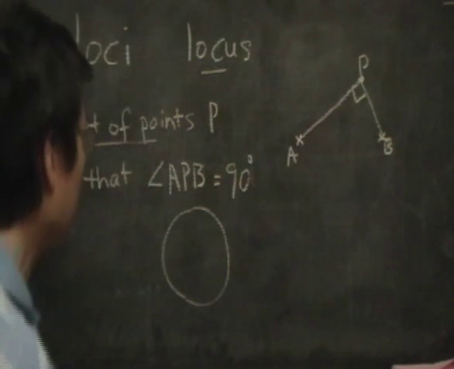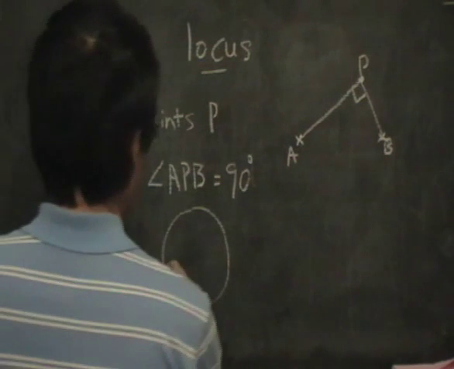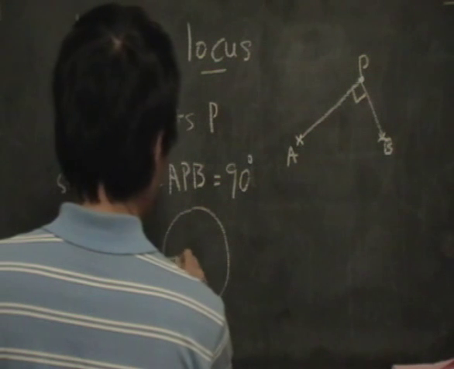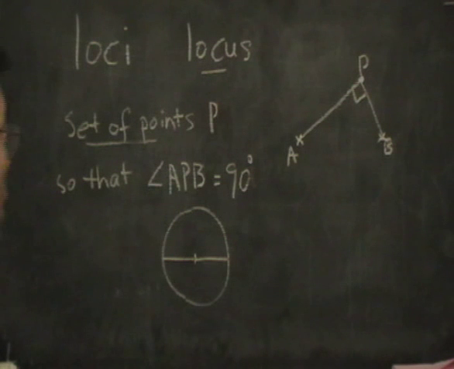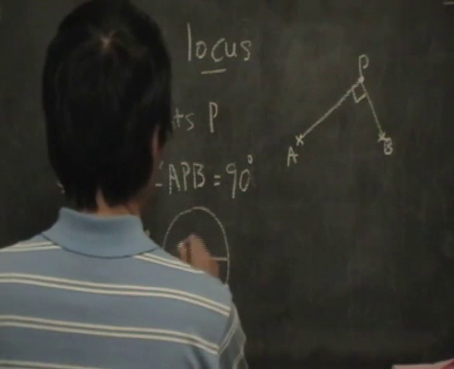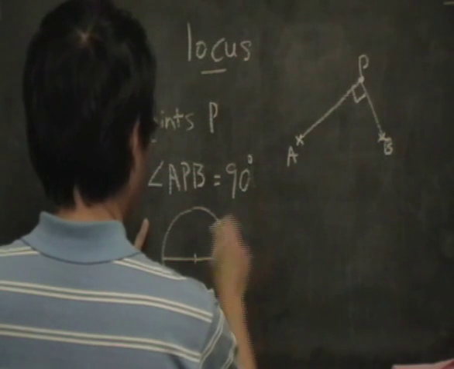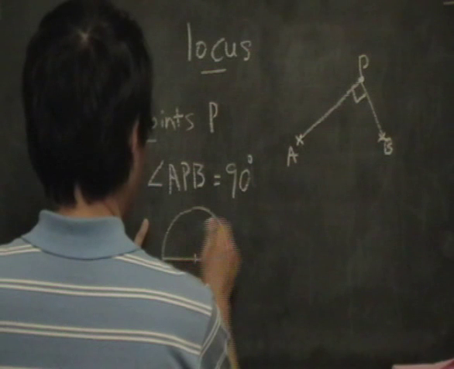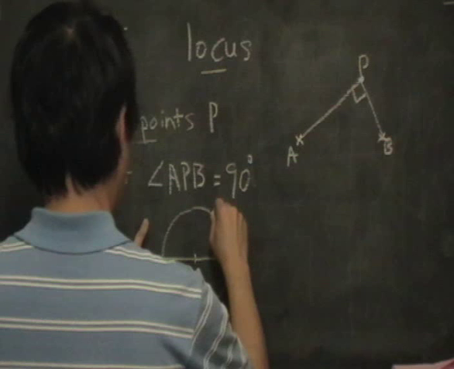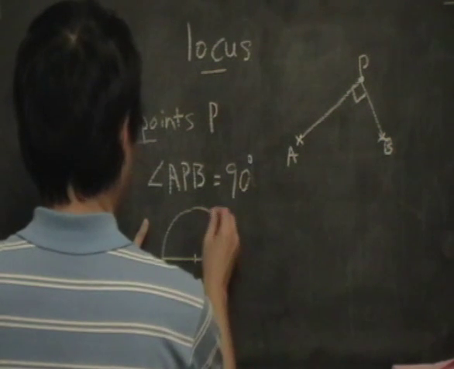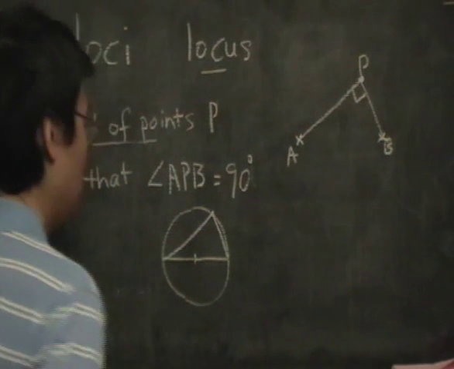If I have a circle, then when I draw the diameter, suppose that's the diameter, and I draw an angle at the circumference, with the two lines, two sides of the angle going to the diameter.